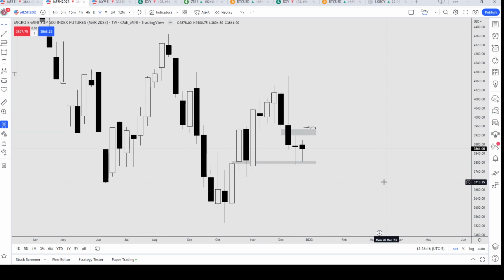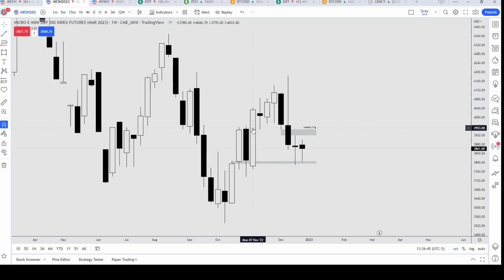If price was to remain bearish, when the price retraces, this whole down move retraces into this fair value gap, I anticipate it to break down from this area and take out the low of this up close candle.